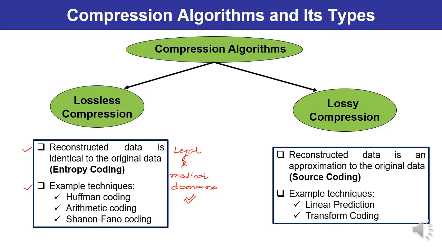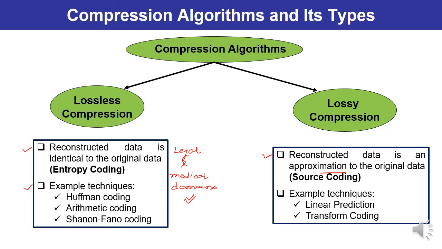Lossy compression compresses the data with a certain amount of error, that is, an amount of error acceptable to the human observer. It means the reconstructed data is an approximation to the original data, because the human visual system has many defects like color blindness. So in some of the cases, loss of information is either not noticed by human observers, or the errors are acceptable up to a certain limit.